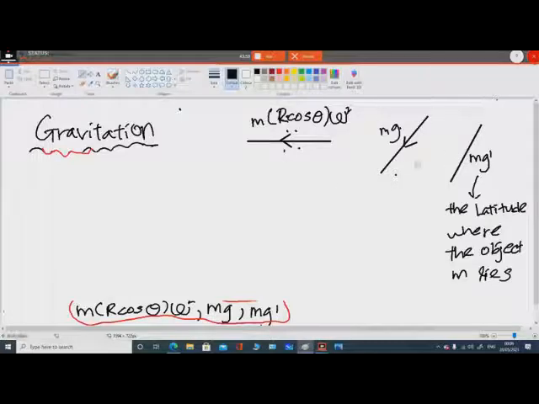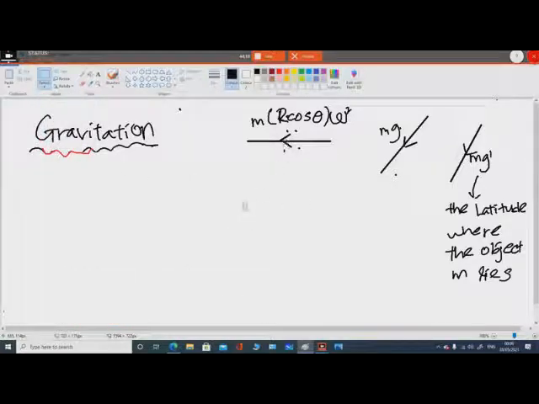So these three forces can be represented in terms of a vector diagram. Let me draw a vector diagram here.